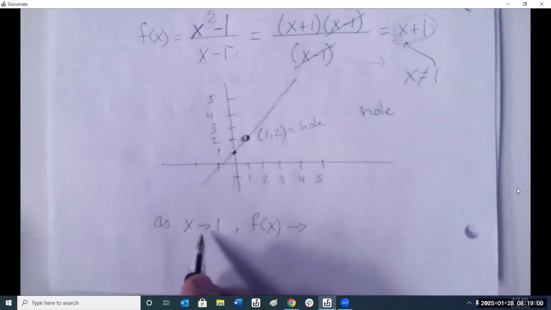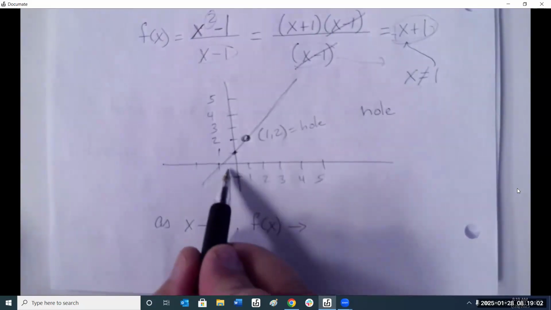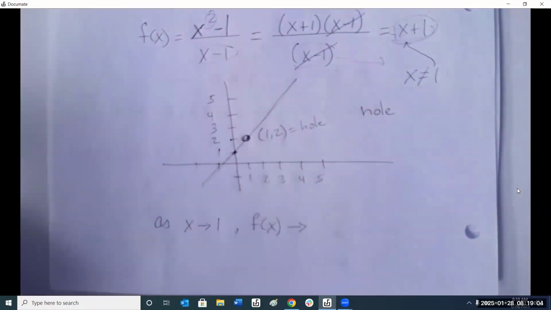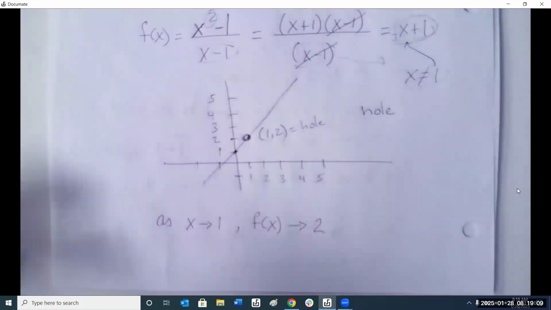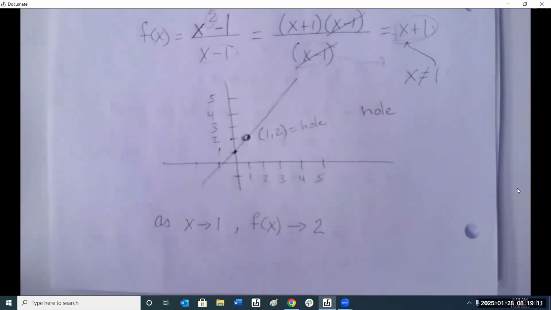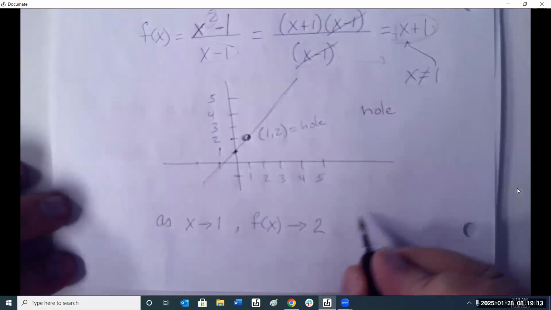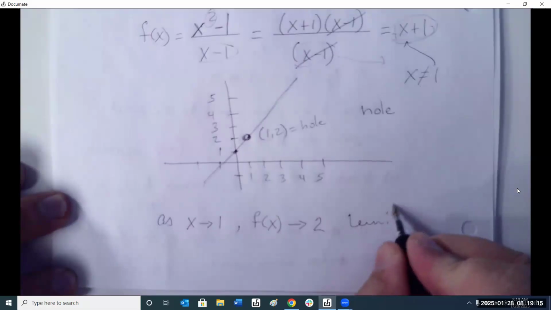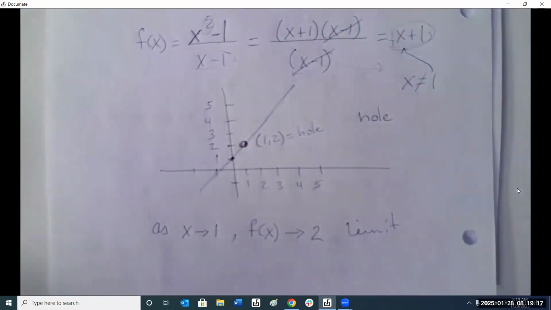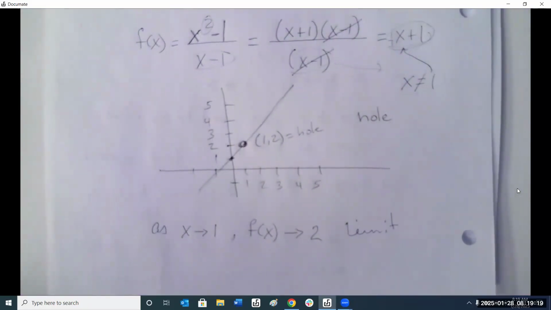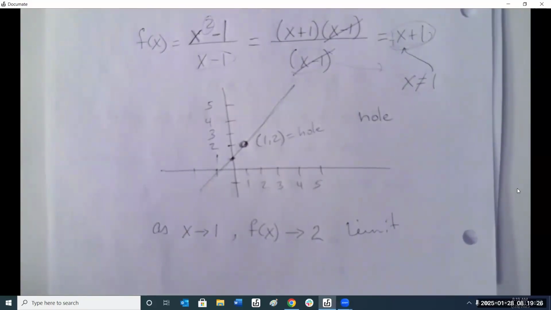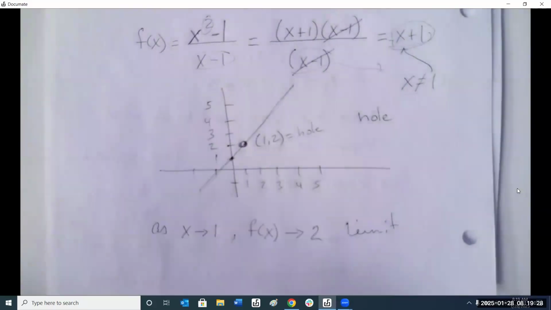I'm not saying it is equal to, I'm saying it's getting closer. When x is getting closer to 1, what value of y do we get? 2. That's called the limit of the function. The limit of the function is simply the value the function approaches as x approaches some other value.